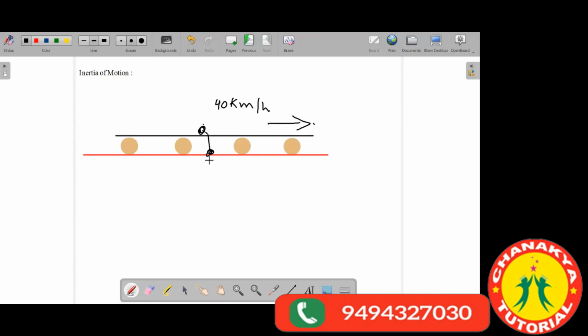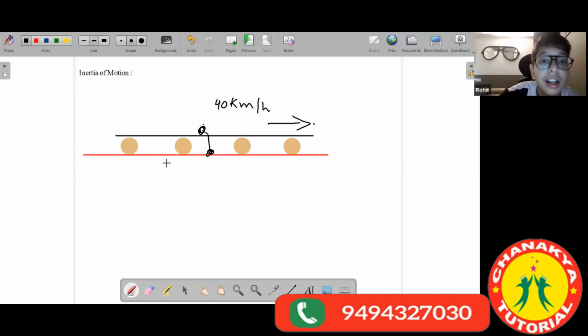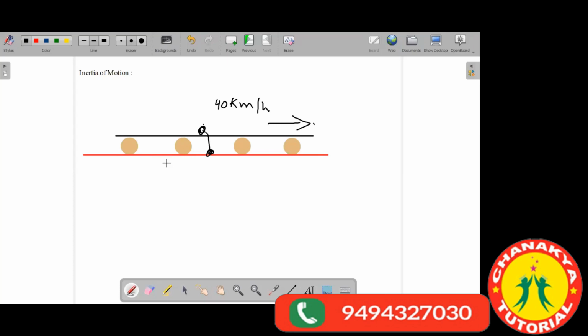So if you jump out, will we fall forward or backwards? Sir, we will fall forward. Okay. See, if you are traveling with the train, you are traveling with 40 kilometer per hour. That is the speed of the train.